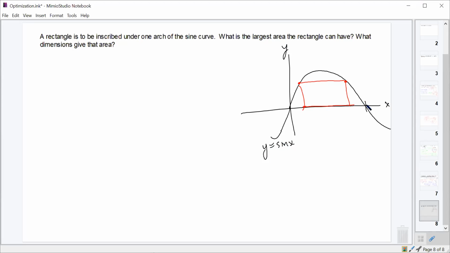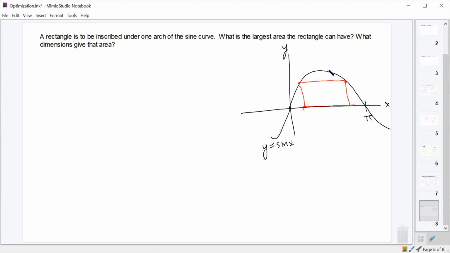Could I label this value? That would be pi, right? That'd be pi, yep. And additionally, what could we say about this sine curve?